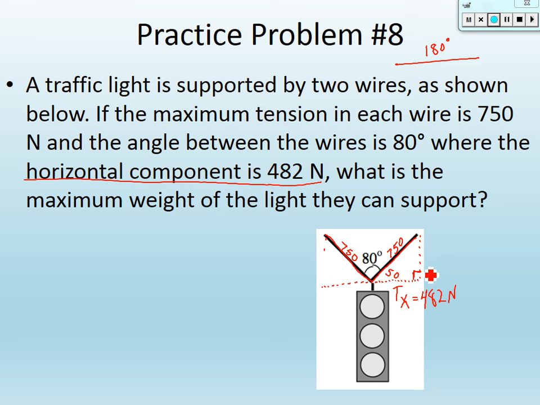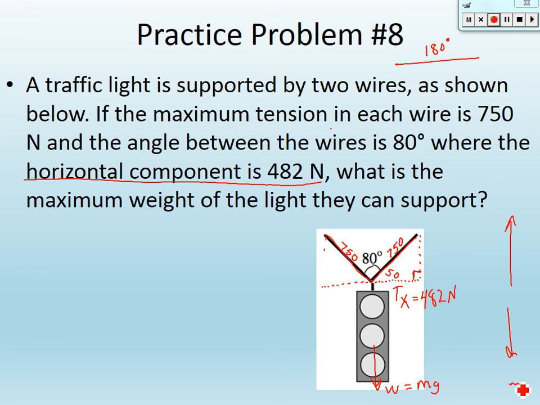Okay. Now, how do we figure out weight, guys? Weight is equal to mg. How could we determine this? Well, if everything down equals some number, what does everything up have to equal in this case?